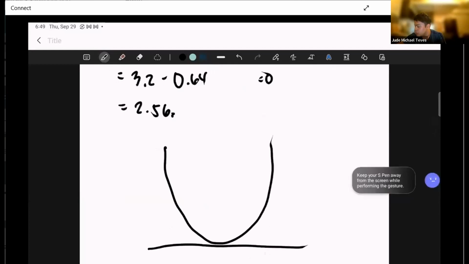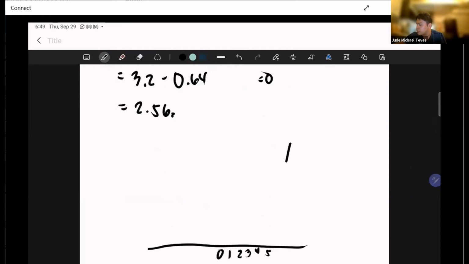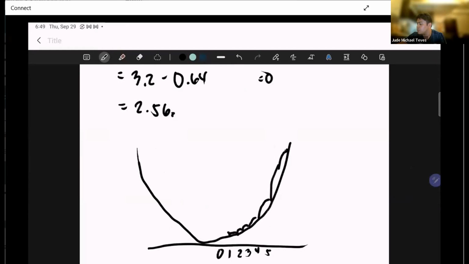Sorry, it's not a perfect parabola, but you get what I'm trying to do here. Start here at 5, then it will be like 4, then 3.2, then 2.56, then it will descend slowly.